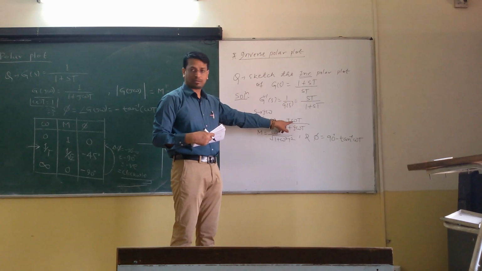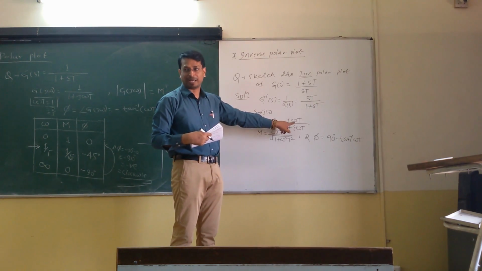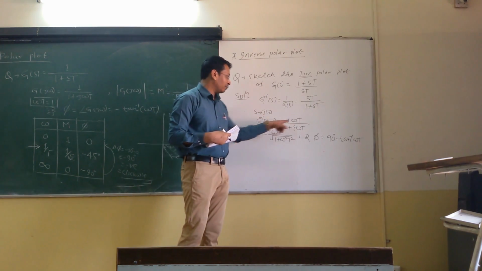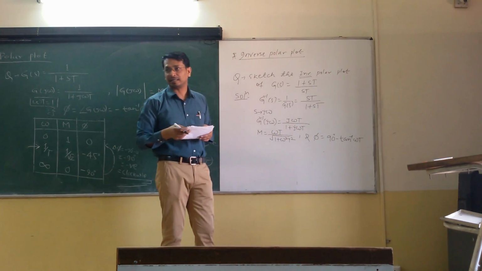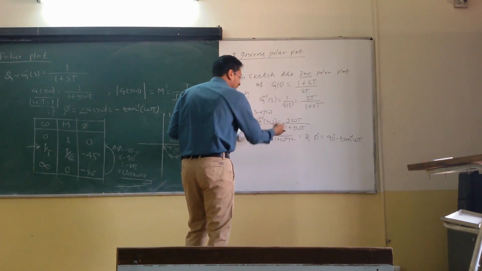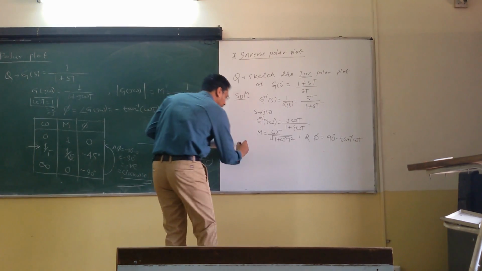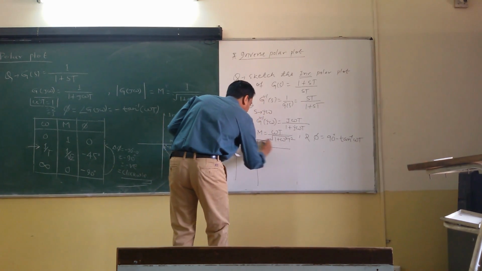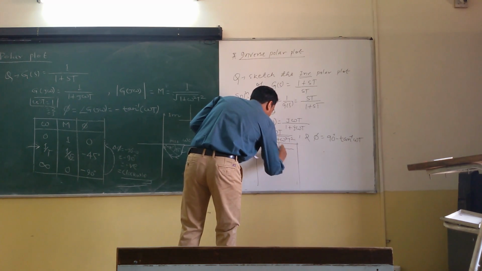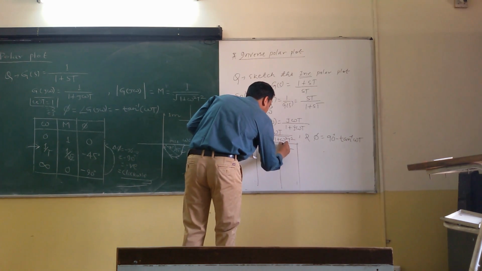Why 90 degrees? Because in the numerator there is a term of j omega T, and we have taken T as positive and omega as a frequency, that's why it is a positive quantity. Correct? So the rest of the analysis will be similar. We will draw a table consisting of omega, then magnitude M, and then phase phi.